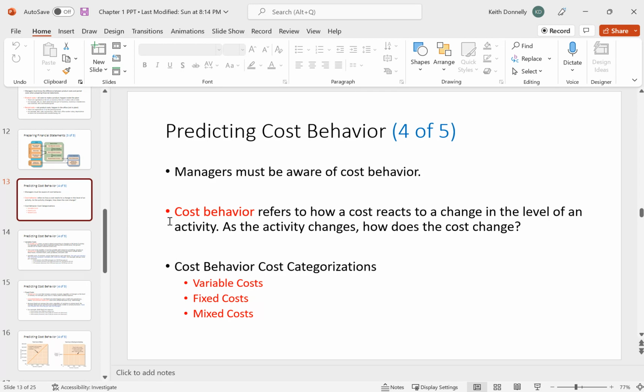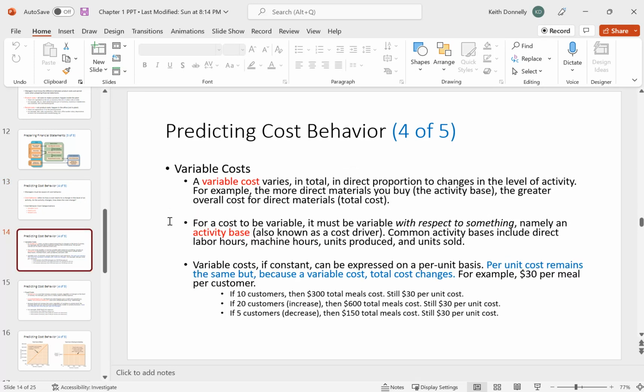In this framework, we can break out our cost categorizations into three types: variable costs, fixed costs, and mixed costs. So let's look at each of those in light of predicting cost behavior.